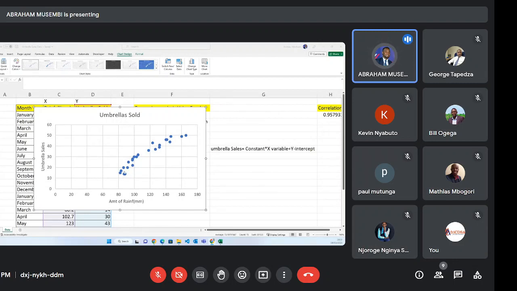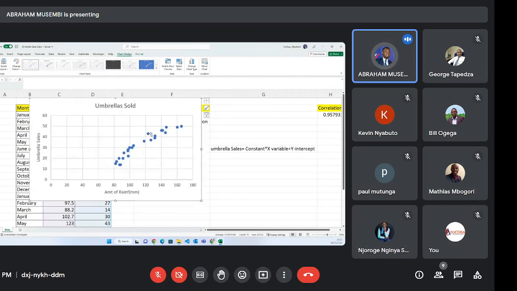So even before we continue, we know that our y-intercept will be a negative value.